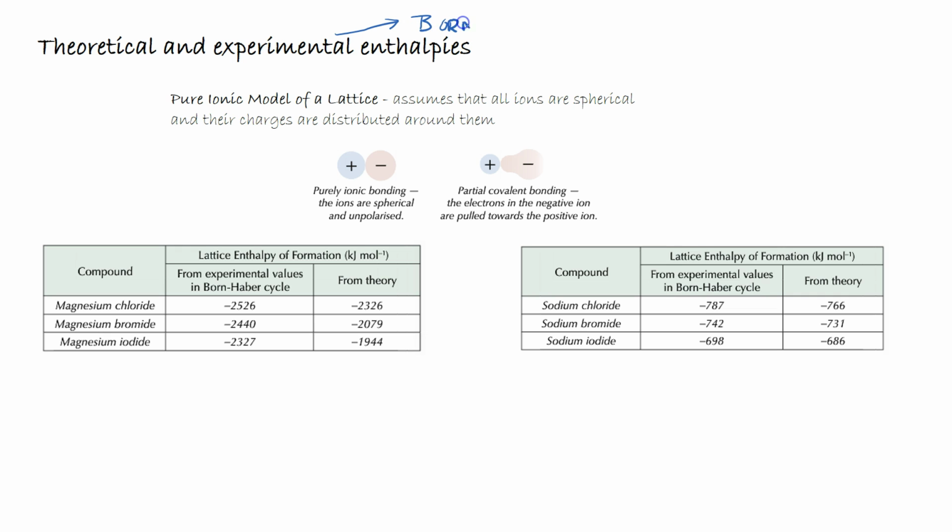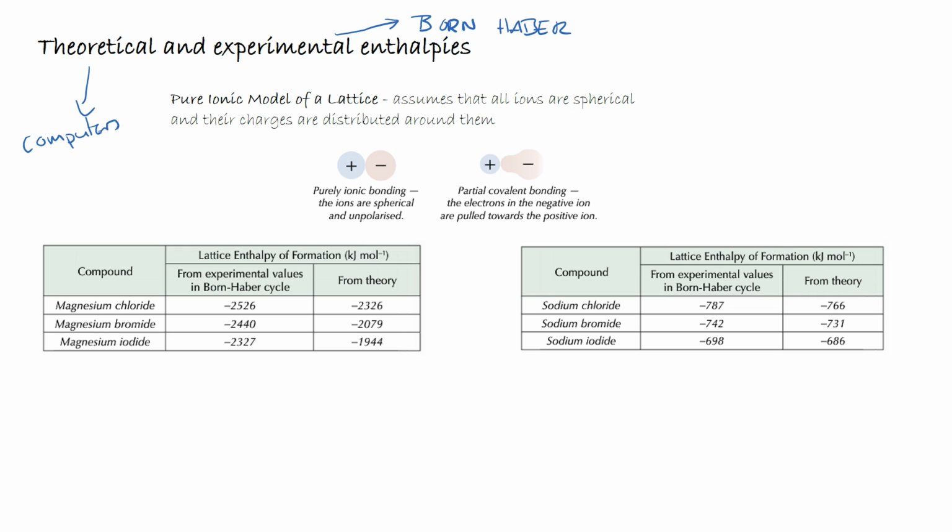So the Born Haber allows us to predict here our experimental enthalpies. But theoretical values, well, these can be done via computers, etc., to determine what we expect the enthalpies to be.